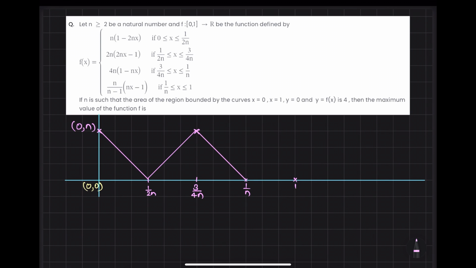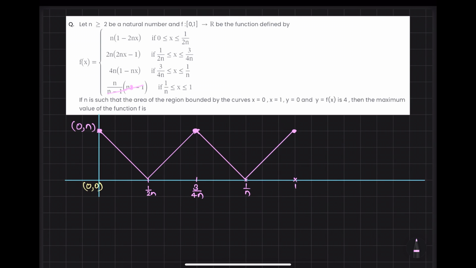Now if x is replaced by 1, it is n minus 1. N minus 1, n minus 1 gone, we are left with n. So it is approaching its maximum value again. So all the time they are reaching maximum as n only. So this means you have to find out the value of n.